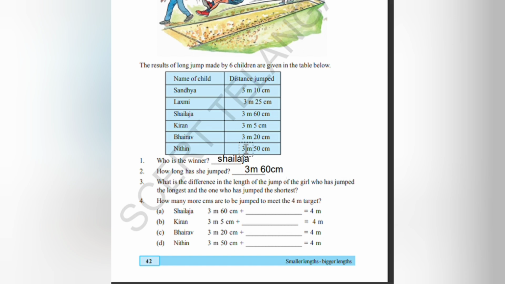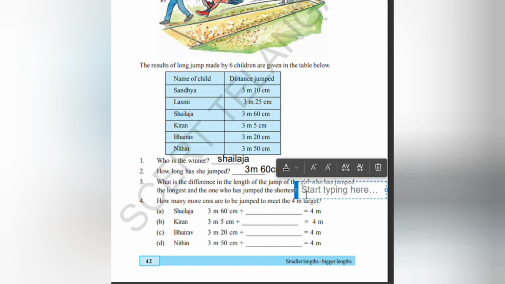Shailaja, that is 3 meter 60 centimeter, minus the shortest. Sandhya, 3 meter 10 centimeter. What is the difference? Difference is equal to 50 centimeter.